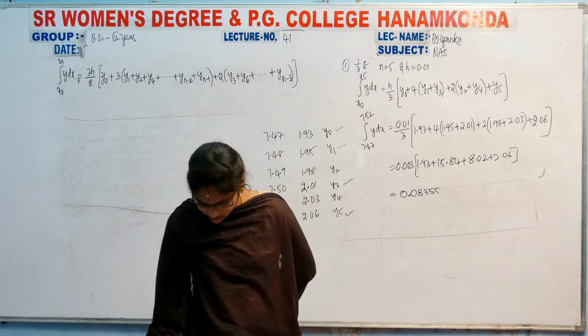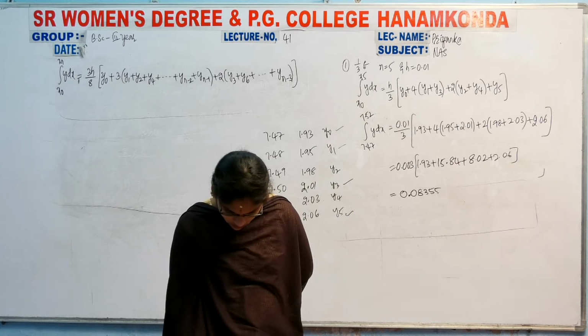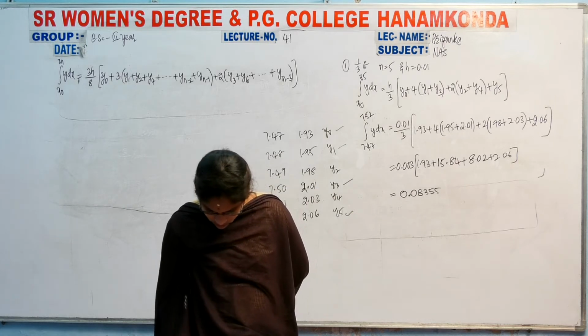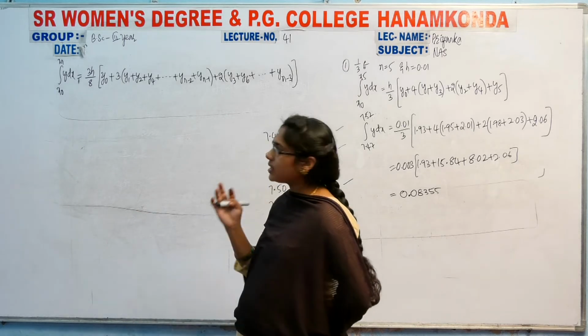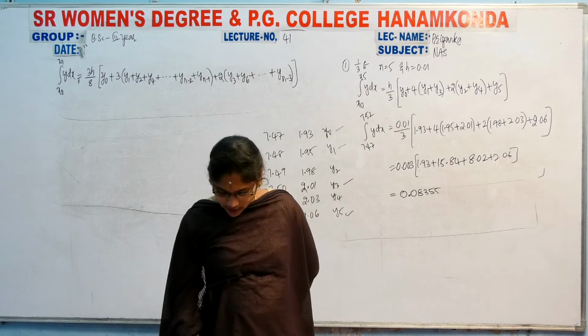Okay, just give a second. So now here we have to substitute n is equal to 5. So now write down.